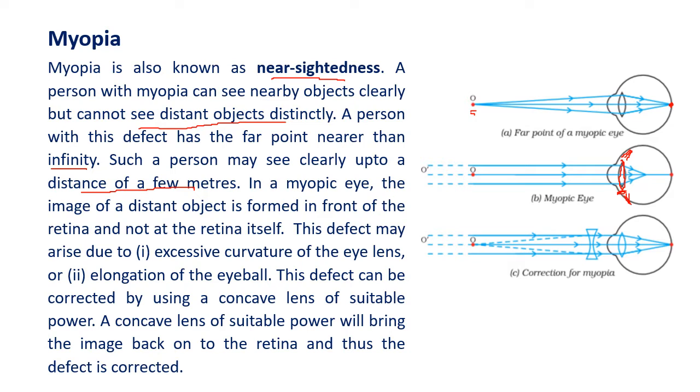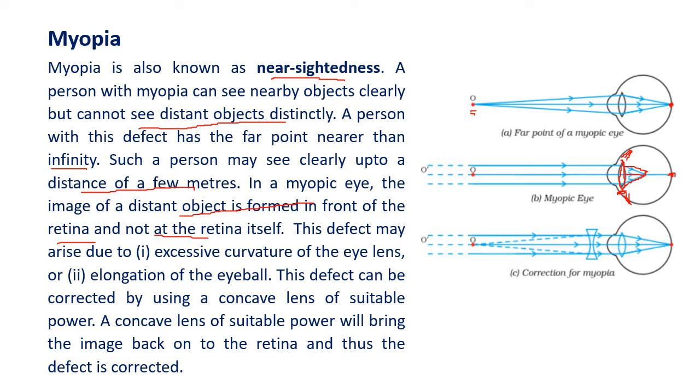So what happens? Because the lens remains thick, the light is not focused on the retina but at a point nearer than the retina. So the distant object's image is formed in front of the retina and not on the retina.